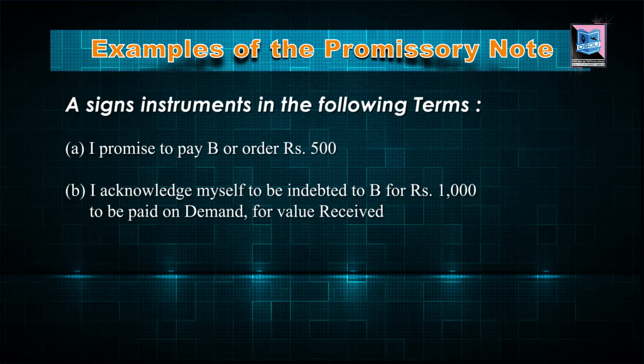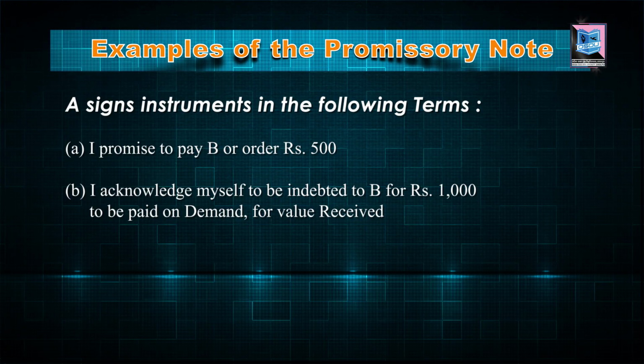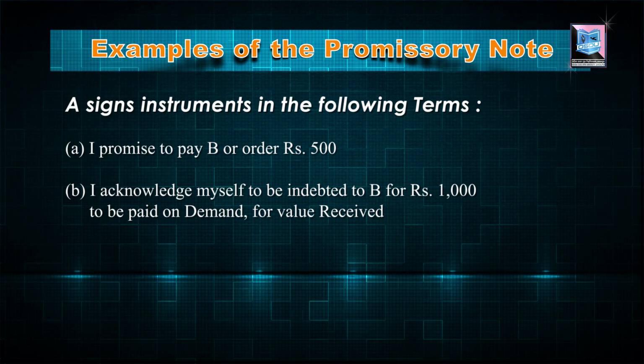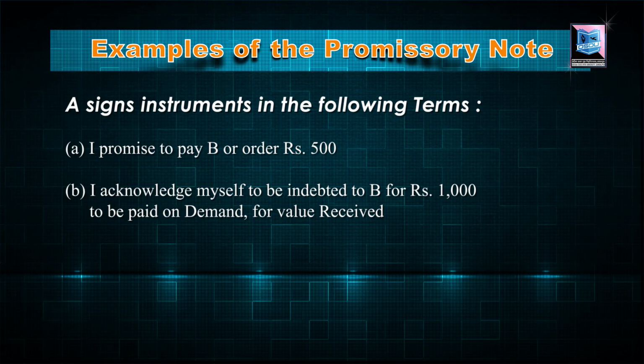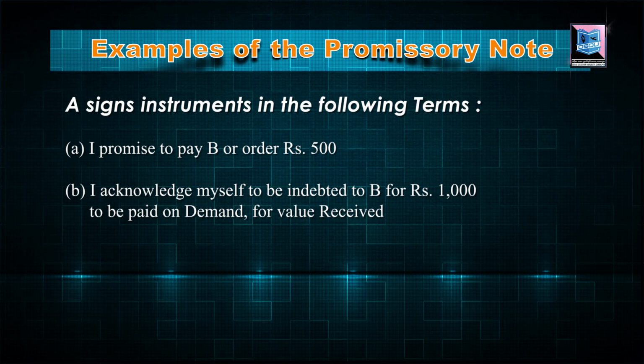In another document, A signs an instrument in the terms: I acknowledge myself to be indebted to B in rupees 1000 to be paid on demand for the value received. Again, we can say that in this particular writing, the term is very clear. It is very certain and the amount is also certain. The person to whom the amount is to be paid is also fixed. So it has all the features of a promissory note. It can be termed as the promissory note.